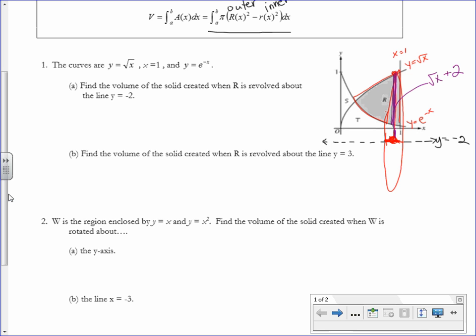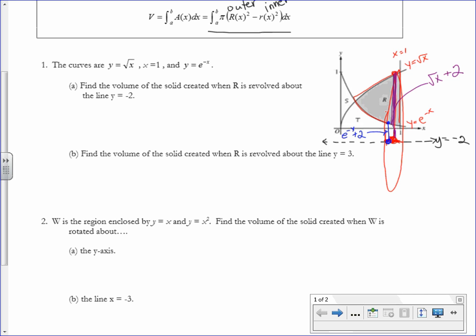So that's going to be my outer radius. And then my inner radius would be the distance from y equals negative 2 to the graph of y equals e to the negative x, and that's just going to be e to the negative x plus 2. So in essence, for both of these radii, we really just add 2 to the function.